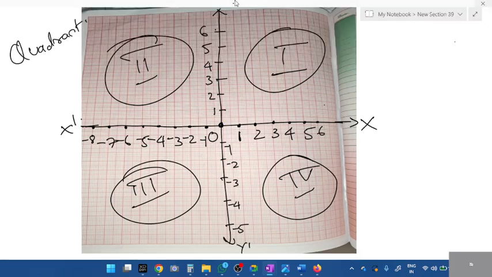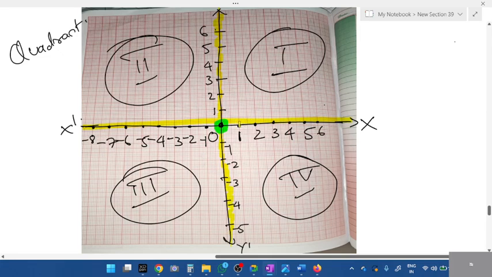See this green one. If a point lies on this center, we call it the origin. Then apart from that, if it lies on the black line, or I'll draw a yellow line, any point which lies on this yellow line, we call axis. So these two yellow lines are known as axes.